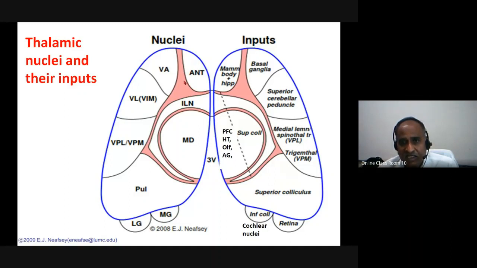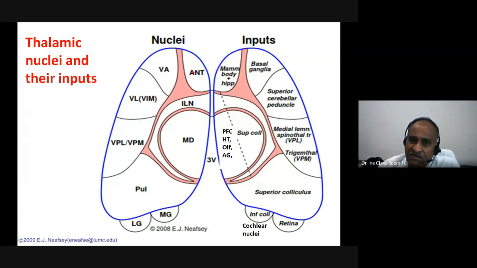Then this is the anterior nucleus. This is the ventral anterior, ventral lateral, ventral posterior lateral, ventral posterior medial, and pulvinar. These are the lateral nuclei, and this is the median nuclei. This is the anterior. These are lateral.